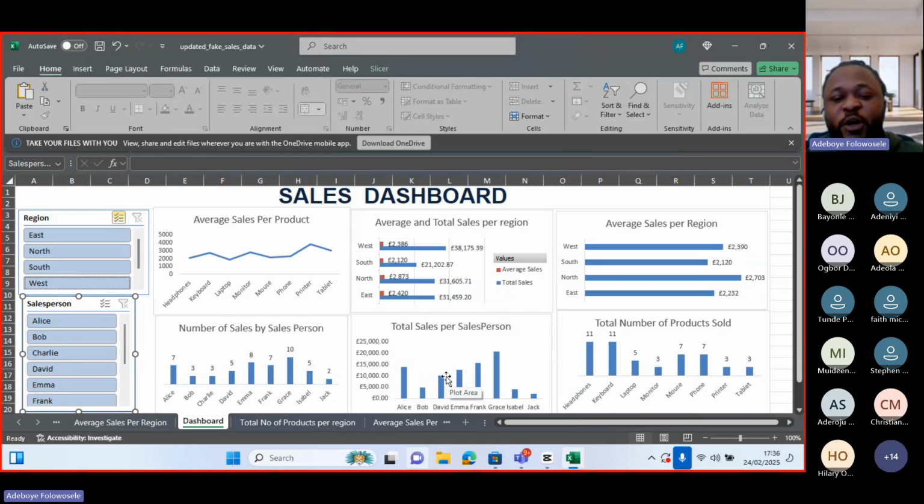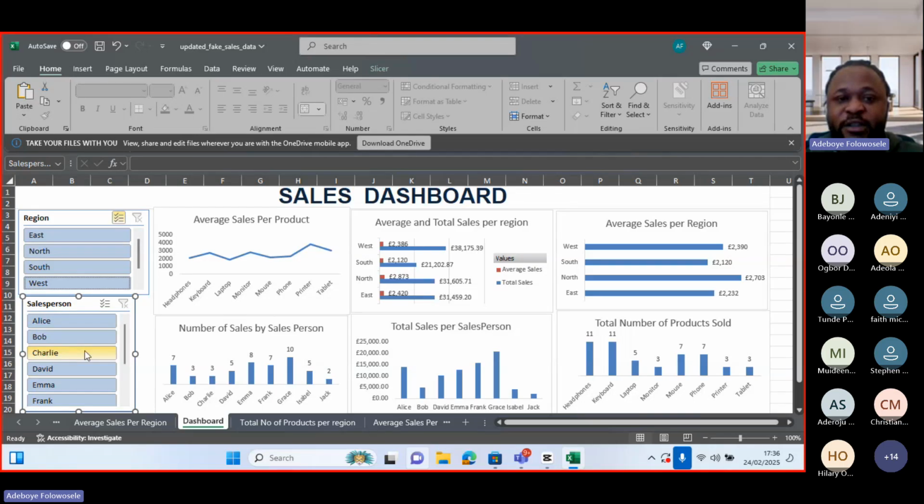And I also don't want it to communicate with total sales per salesperson, but it should communicate with the rest, because we want to know the number of headphones that Alice sold. We want to know the total sales in the East that Alice sold. We want to know the average sales that Bob had in the region. We want to know the number of products that was sold by Charlie.